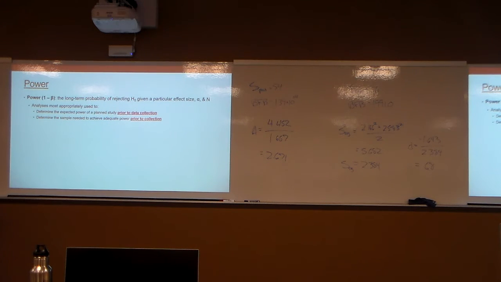Assuming that my effect size is accurate, what's the power of my test to detect this effect based on my planned sample of 60? Or this is the effect size I'm looking at, this is my alpha level, how many people do I need to achieve power of 0.8 moving forward with this, right?